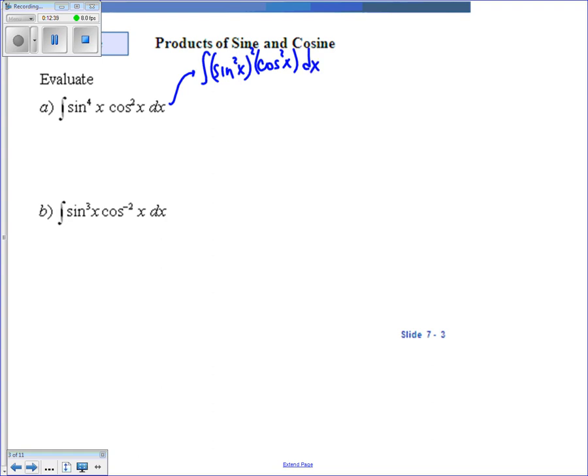So now, using my power reducing formula, that sine squared there is just going to be 1/2 (1 minus cosine of 2x), and then this whole thing is going to be squared because of the square right here. And then I have times the cosine squared is another 1/2 (1 plus cosine of 2x).